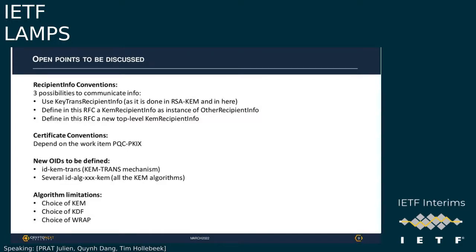Yes. Excuse me, but I think an issue in CMS is that if we want to send a message to several receivers, usually the encryption key will be the same for all the receivers, but we have to encrypt it individually to each recipient. So meaning that we have to be able to communicate a fixed key.